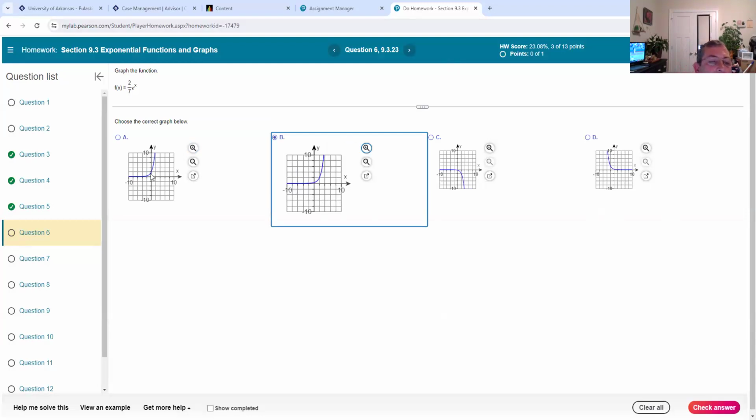So the only difference is it looks like A, my graph is crossing at 2 on the y-axis. And on B, it looks like that graph is below 1 on the y-axis. So those two are really similar. So let's go graph 2/7 e to the x.